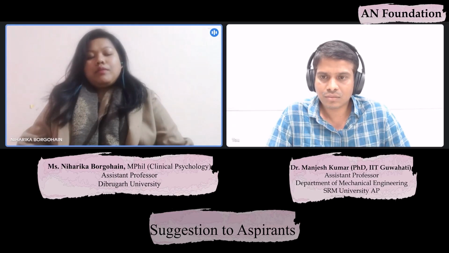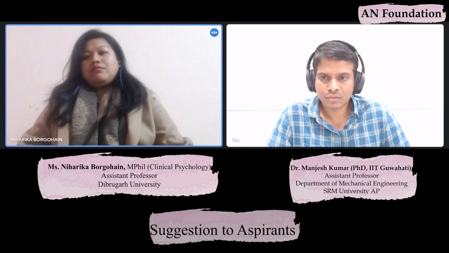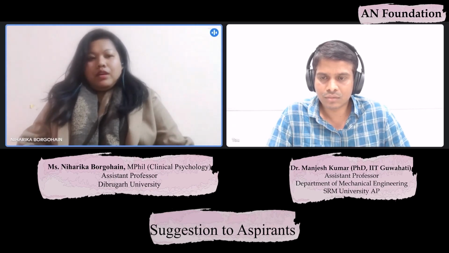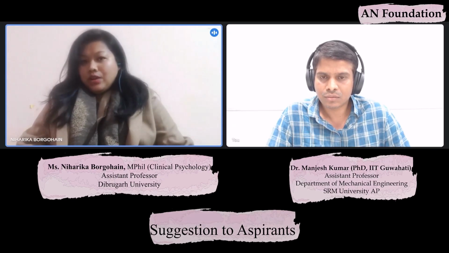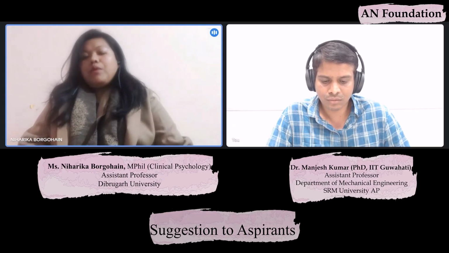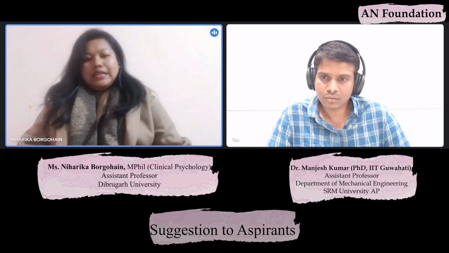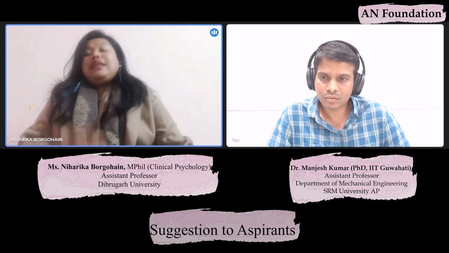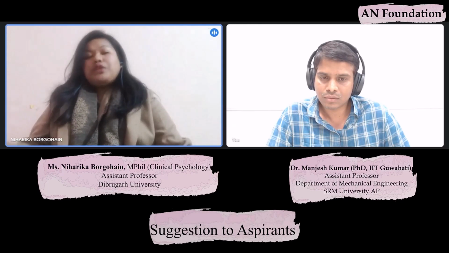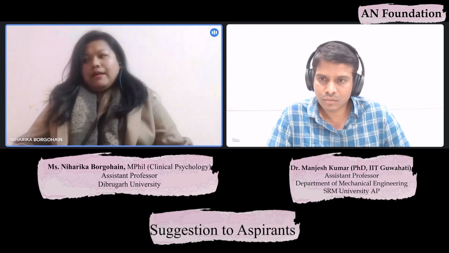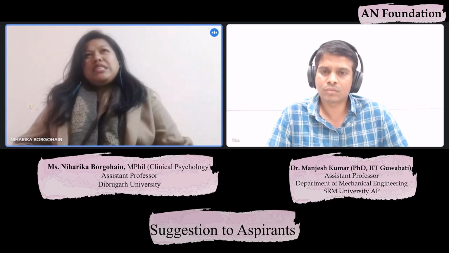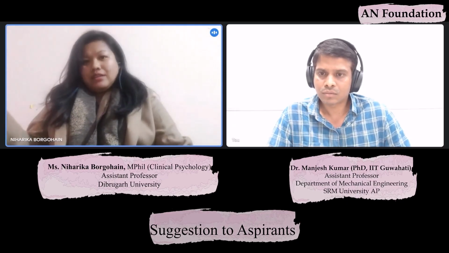After doing masters, a student might choose two different paths. One is clinical work, one is academic work. For the clinical work, MPhil in clinical psychology or counseling is important. After doing MPhil in counseling, they are usually appointed in occupational areas like schools, NGOs, ONGC, forensic sectors like that.